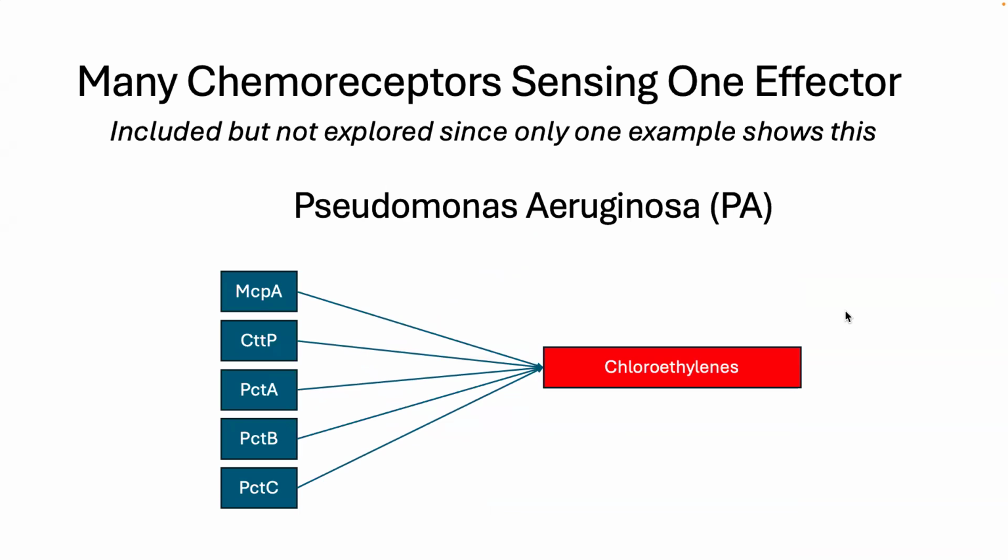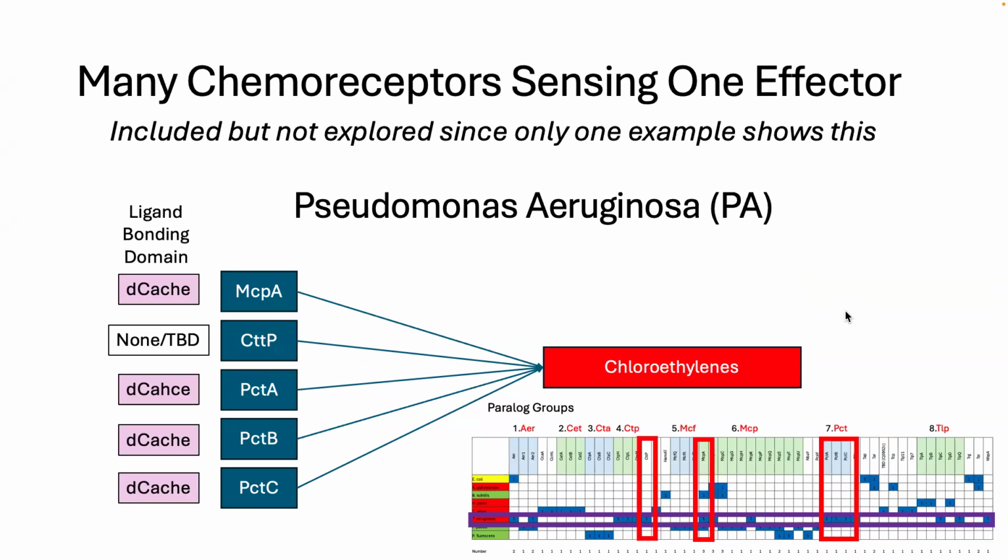Another one that I did not look at in as much detail, but I'll just have one slide here. This is a build that I can be thinking about, well, what is it telling us? Here we see five different chemoreceptors sensing the same type of effector. Is there some commonality that I can observe for this bacteria that I've highlighted in purple here?